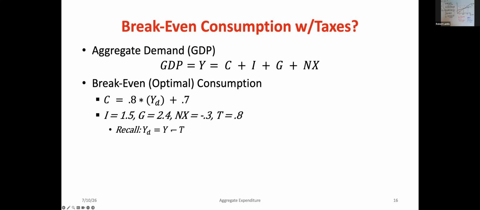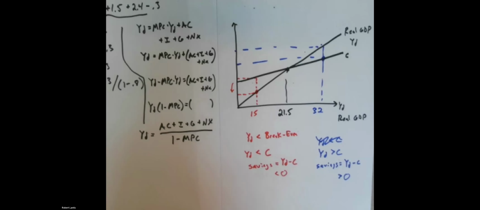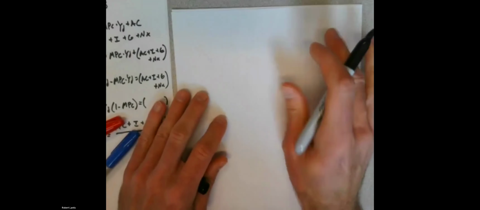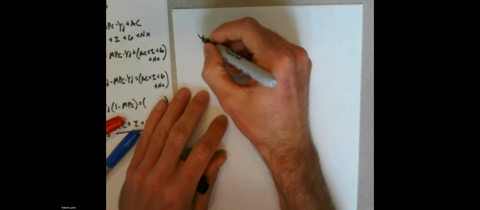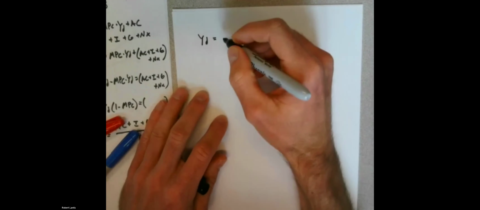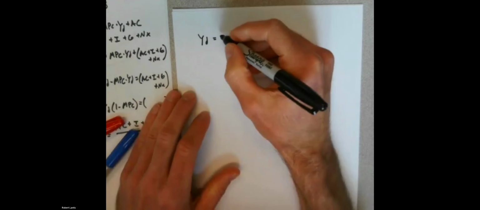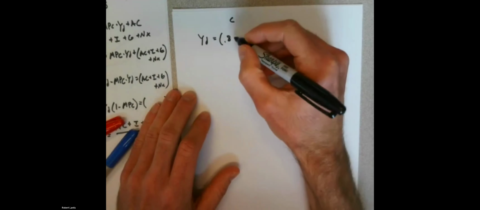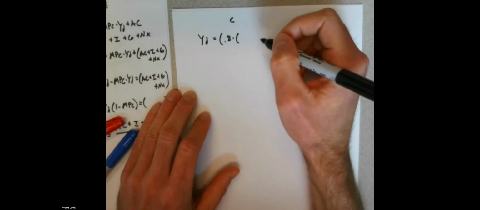So if I went through and solved this one, what would this look like? The setup is going to be very similar. What were we doing before? We said our overall level of real GDP or disposable income in our economy was our consumption, which was 0.8 times disposable income.